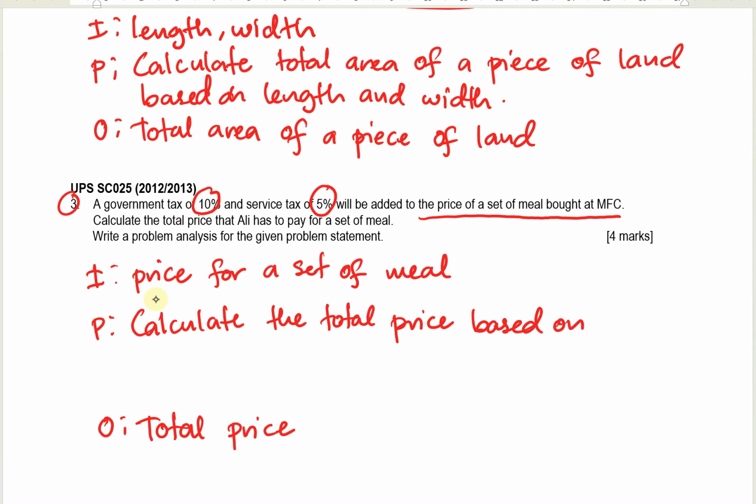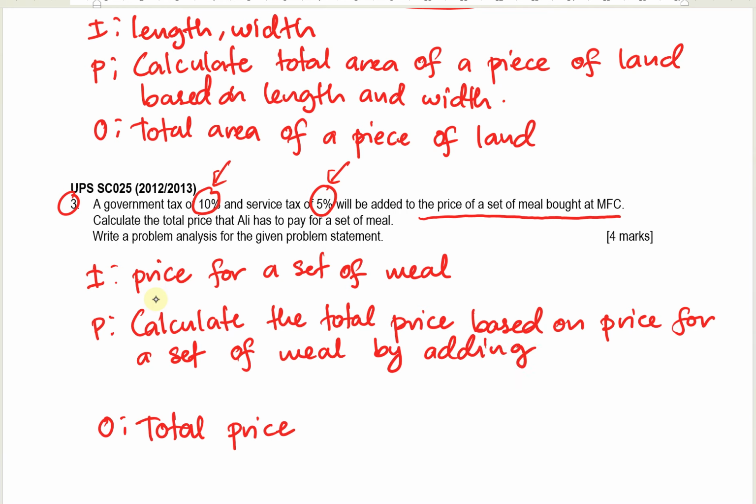Based on your input, based on price for a set of meal. Okay, now since you have 10% of government tax and 5% of service tax, so you have to add by adding what?